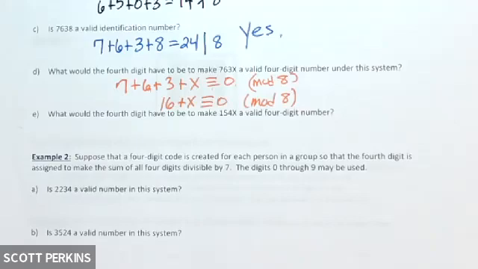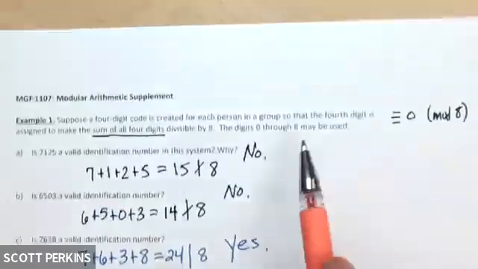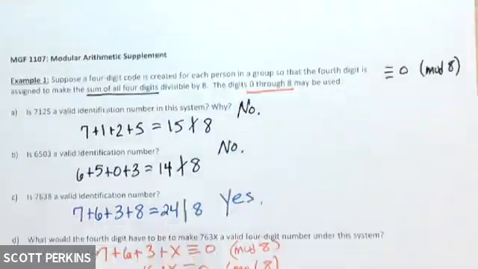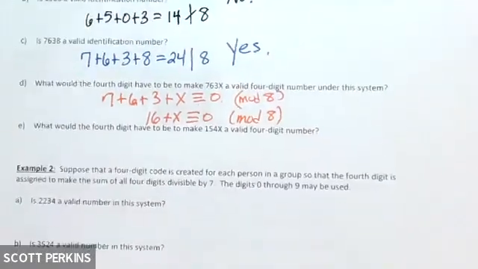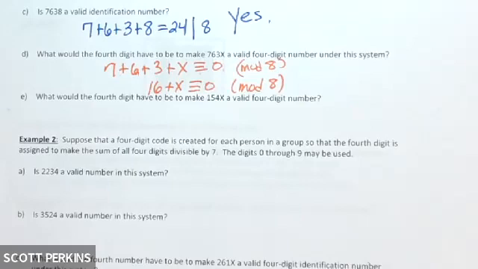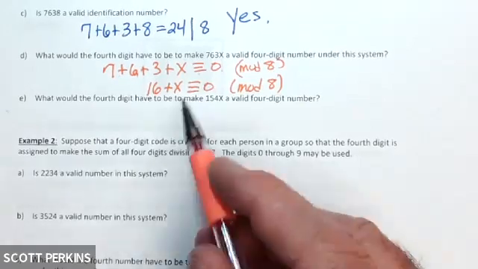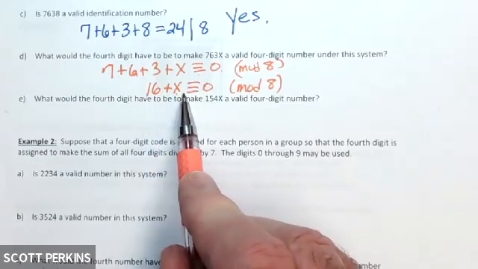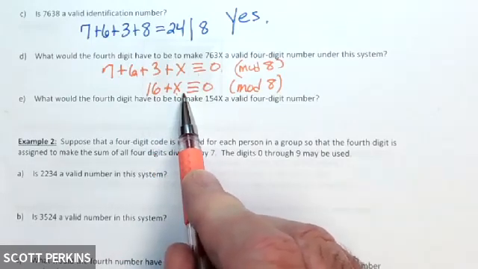This one turns out, I wanted to make my example the more difficult one. My example actually has 2 answers because in our rule, notice we were allowed to use the digits 0 through 8. So pay attention to what the legal digits are. If I had said the legal digits were 0 through 7, the answer would be different. But notice 0 works because what's 16 plus 0? No trick questions. 16 plus 0 is, yes, just making sure you're awake, everybody.